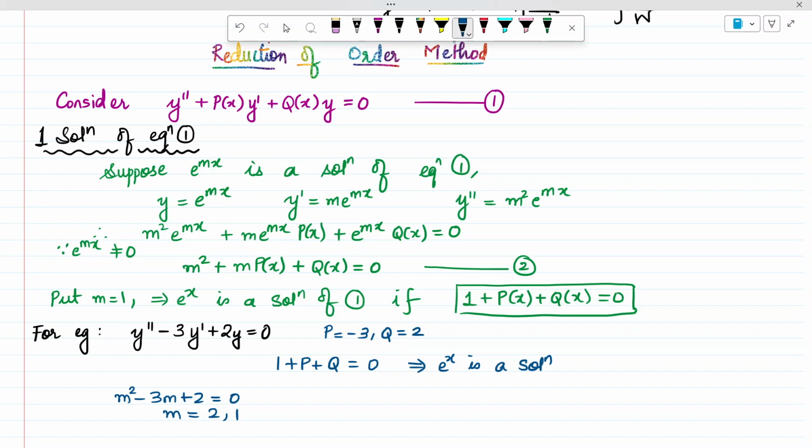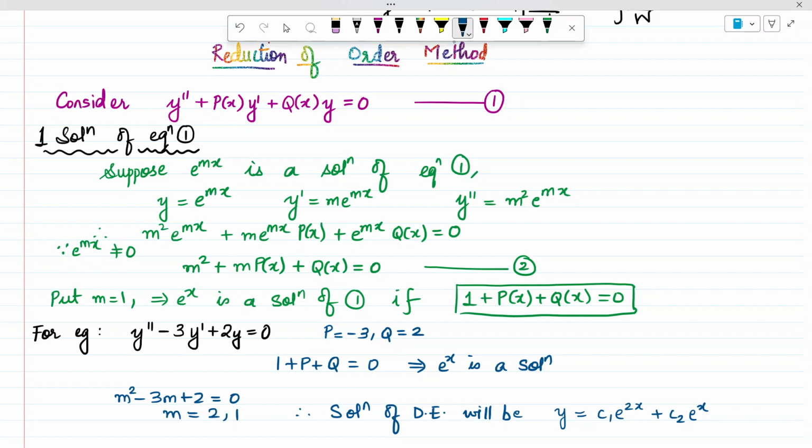तो अगर रूट्स 1 and 2 होंगे तो इसका मतलब सोल्यूशन क्या होगा? e raised to x and e raised to 2x. करेक्ट. तो सोल्यूशन होगा e raised to 2x because of that 2 and e raised to x. तो क्या e raised to x वन ऑफ द सॉल्यूशंस है इसका?